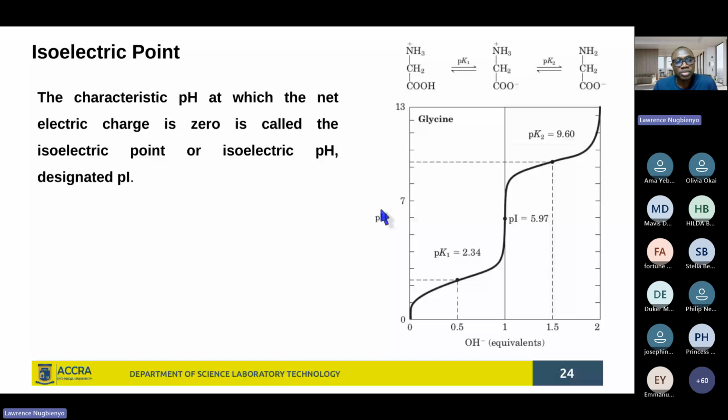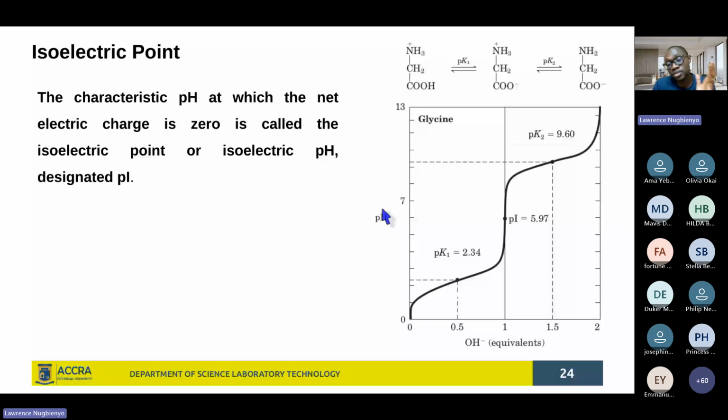Okay, now, this brings us to what we refer to as isoelectric point or isoelectric pH of an amino acid.